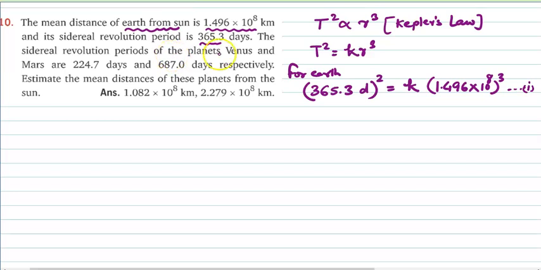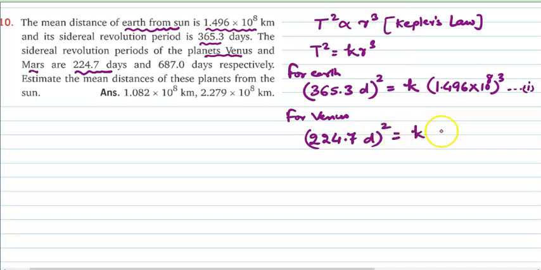Now what I have to do, let's start with the planet Venus. So for Venus, what is the period of revolution? It is 224.7 days. So T square will be 224.7 days whole square is equal to k times, now its distance is not known.